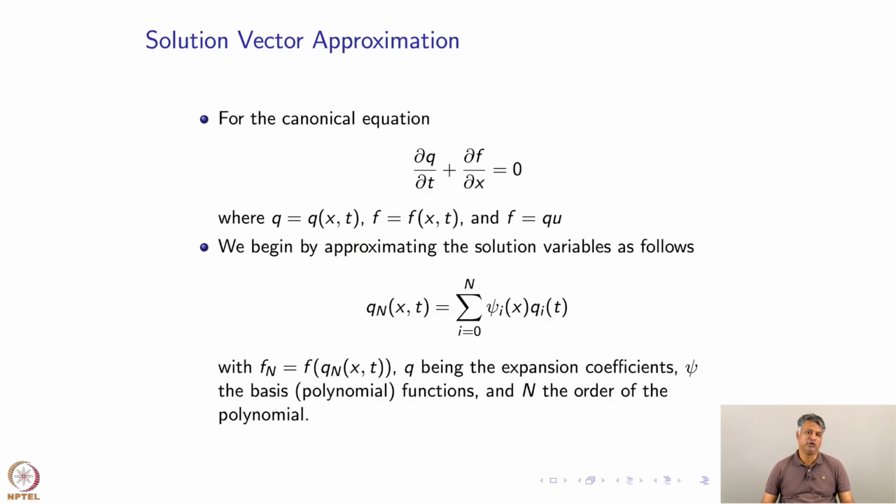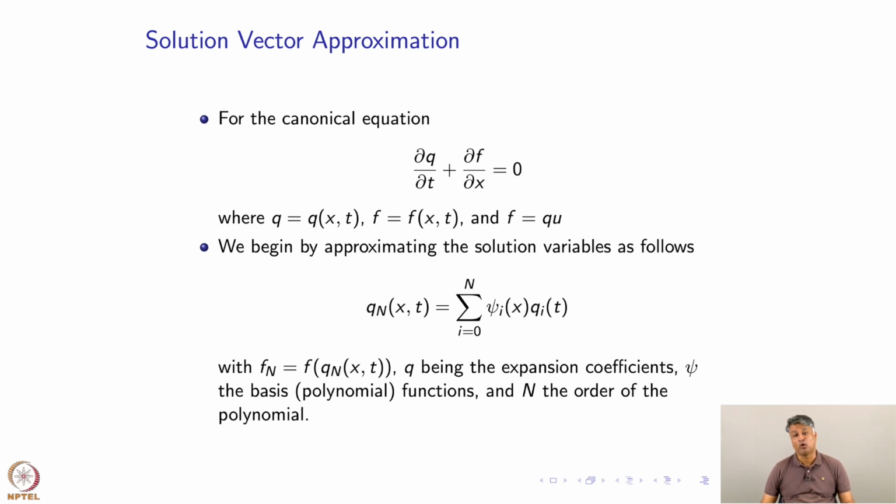So what are we essentially doing in these sorts of methods? We have some canonical equation where Q is a conservative variable, a function of space and time. We then begin approximating this solution variable by putting in an approximation function Q_N, which is also a function of x and t, and which has expansion coefficients psi and the basis polynomial.